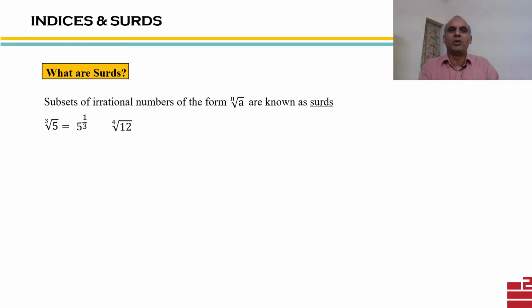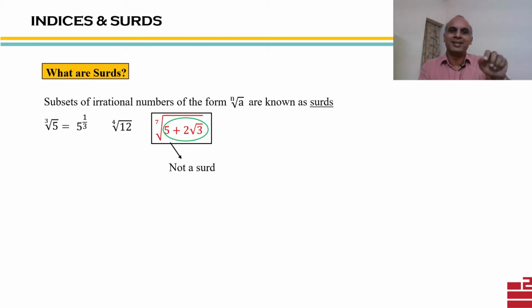Similarly, something like fourth root of 12 is also a surd. What about this seventh root of this expression? Now this expression is not a surd because inside the nth root term we have an irrational number. The green circle 5 plus 2 root 3 term, which is inside the bigger root term, is an irrational number.